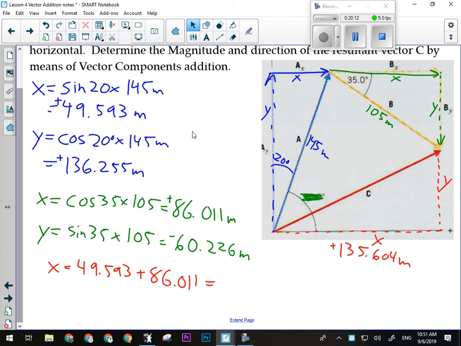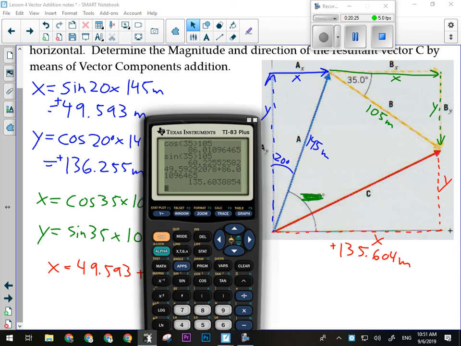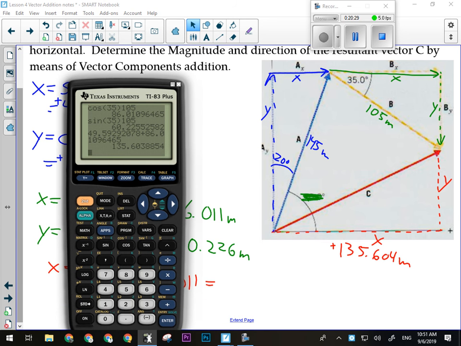Now I need to do the same thing with the y's. One of them's positive, one of them's negative, so I can add a negative or I can subtract. It doesn't matter which way I do that. Oh, I lost that number. Look at it again here.